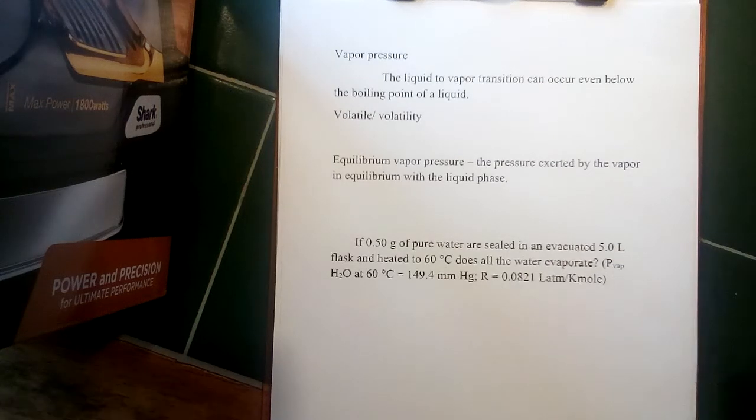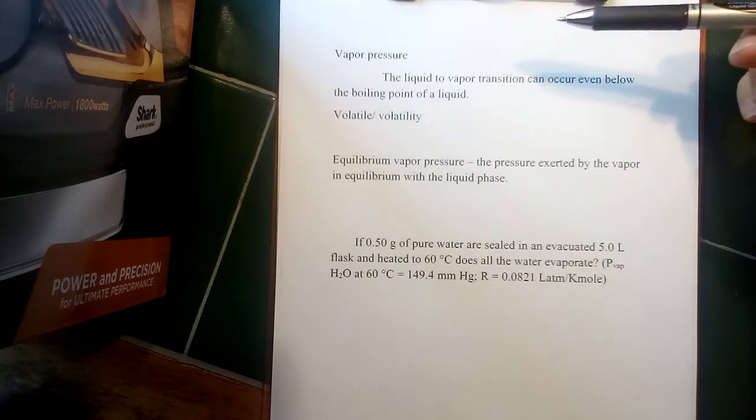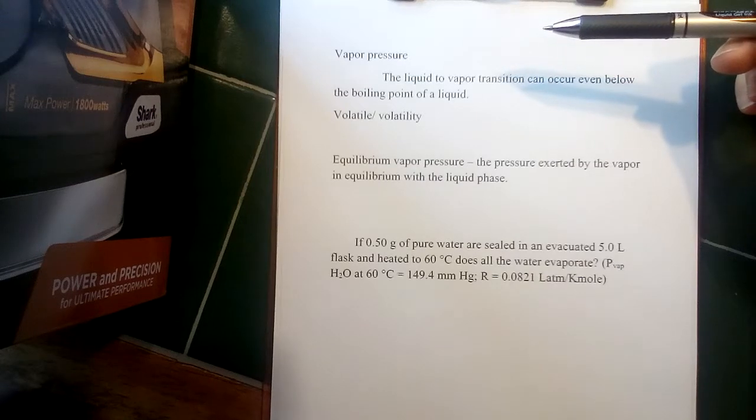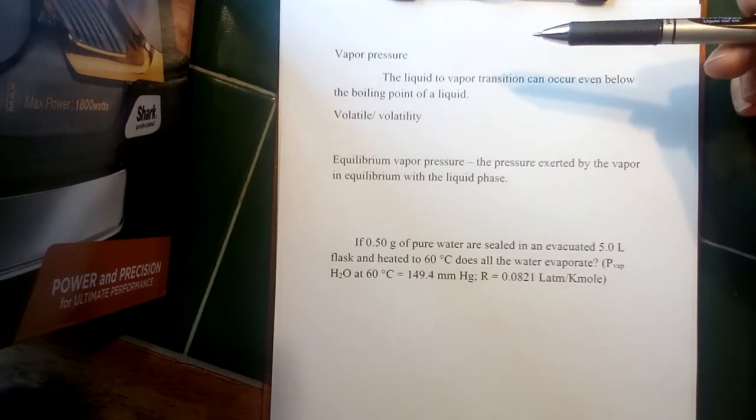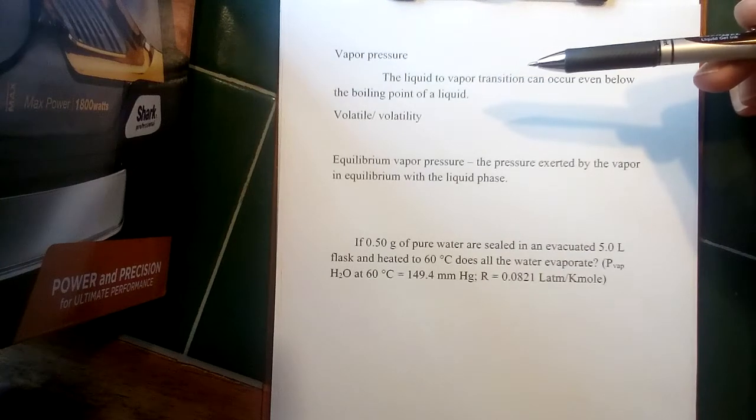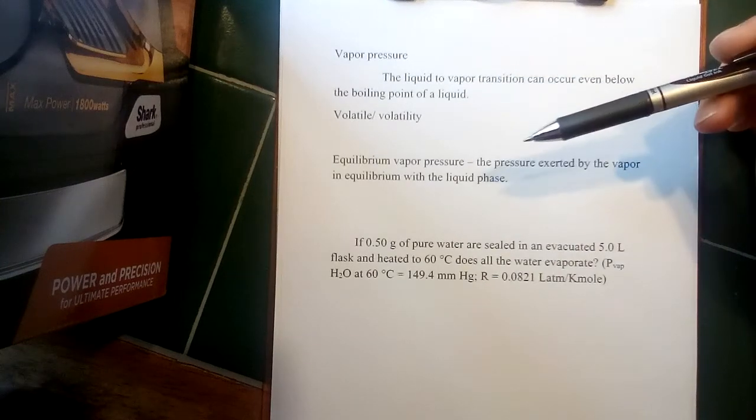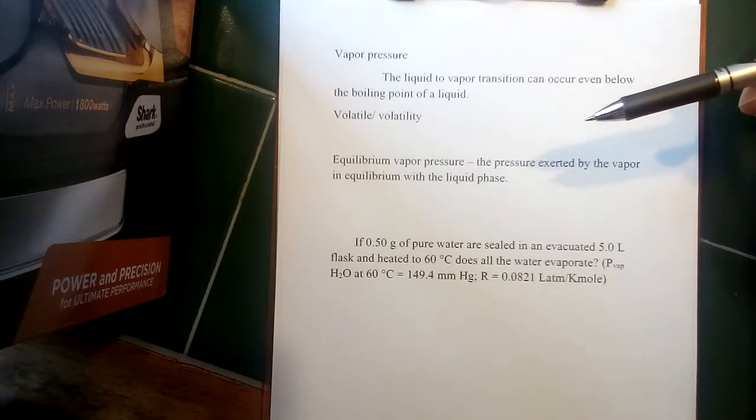Okay, last page of chapter 10 notes, and really just one more issue we want to describe a little bit. This I mentioned a little bit in the last video when we were talking about the liquid to gas transition, that if this is happening at a specific temperature, it's called the boiling point, but at lower temperatures, it might be called evaporation.